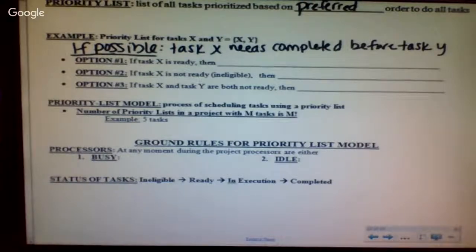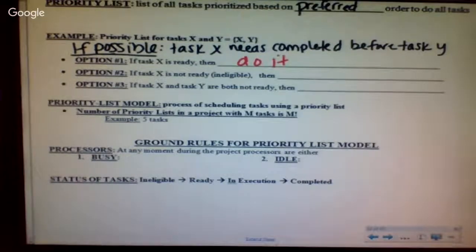So you're going to have 3 options when you look at this. If the task is ready, then do it. All right? Just do it. If it's ready, just do it.